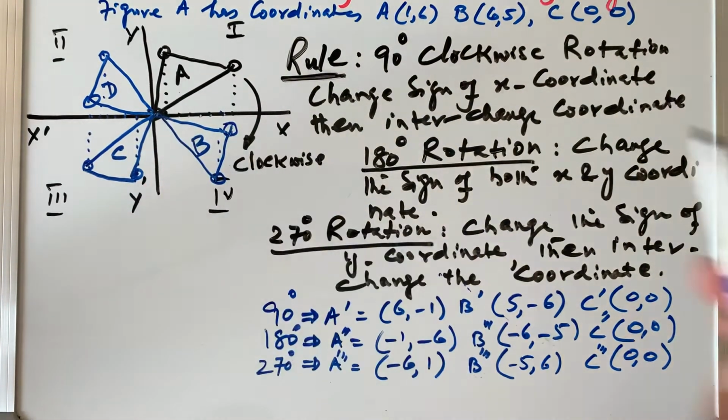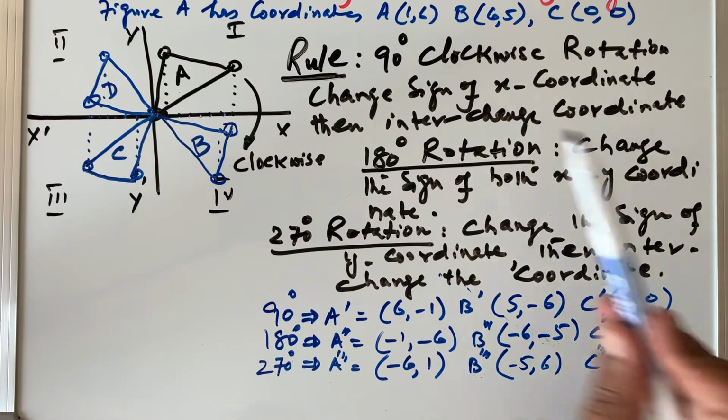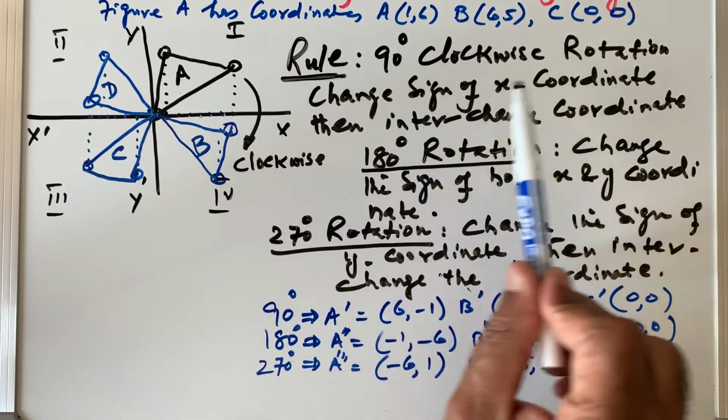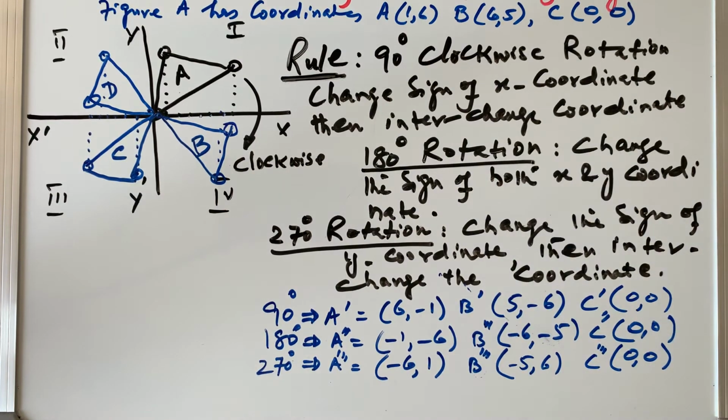This was my shape A, B, C, and I have to rotate it clockwise by 90 degrees, 180 degrees and 270 degrees. There are certain rules. The rule for a 90 degree clockwise rotation is to change the sign of the x coordinate, then interchange coordinates, meaning the x coordinate becomes y and the y coordinate becomes x.